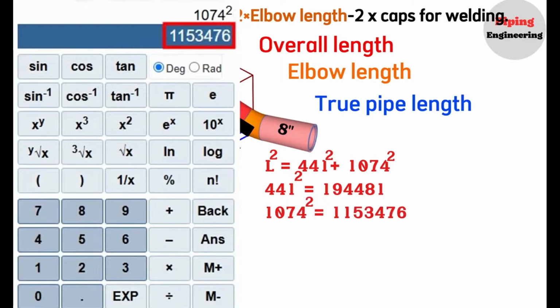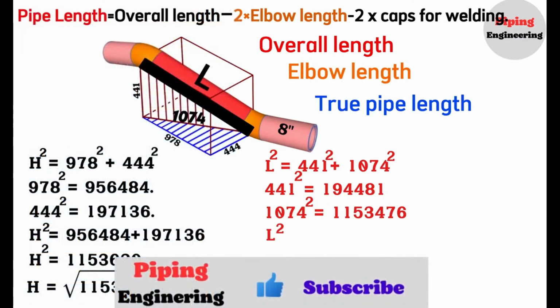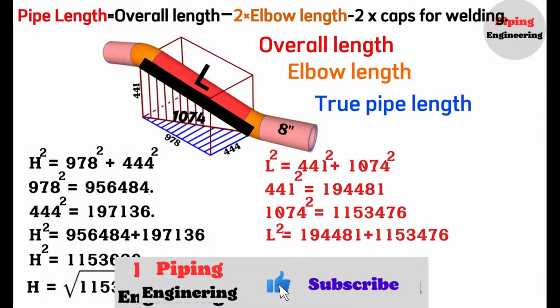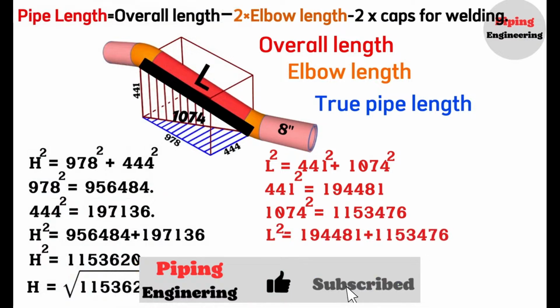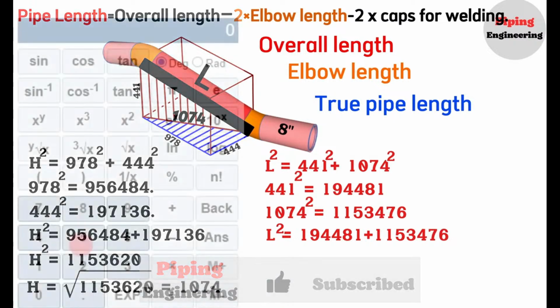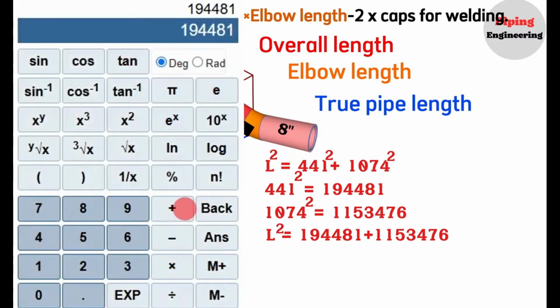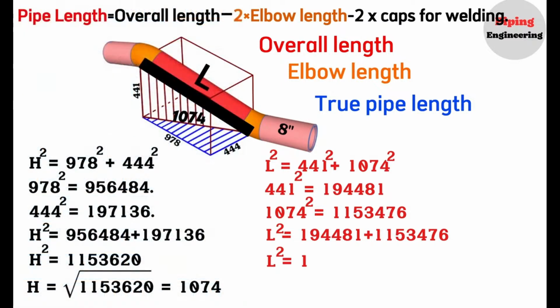1,153,476. So, we continue to calculate that L squared will equal 194,481 plus 1,153,476. Using the calculator again, 194,481 plus 1,153,476 will equal 1,347,957. So, we find that L squared equals 1,347,957.